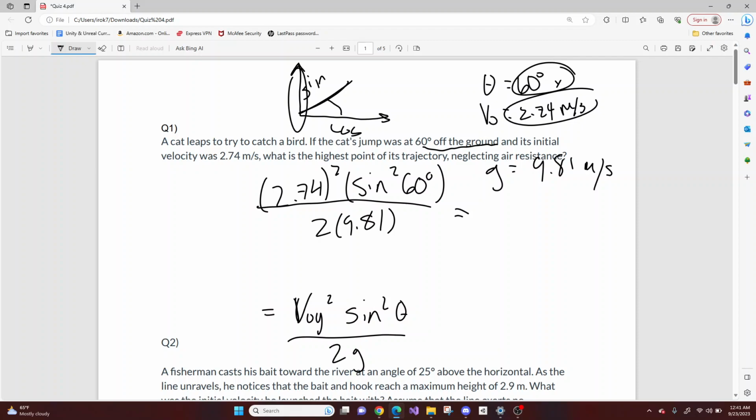When we go ahead and do this problem, you should get about 0.28 meters. And there you go. That's your answer.